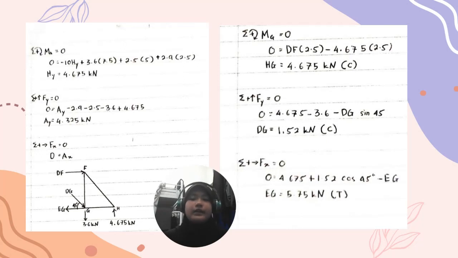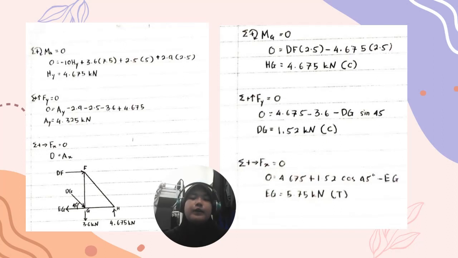So here we got the angle for dg, so that's why we need... why is it sine? Because it's opposite of the angle, so that's why dg sine 45. So we're gonna get dg equal to 1.52 kilonewton, which is negative 1.52 kilonewton. So if it's negative, it's compression.